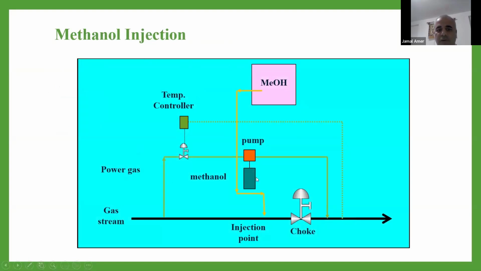Injection of chemical should be upstream of the conditions, as we said, where it's more suitable for hydrate formation. So we have to inject the chemical upstream of the choke valve, upstream of the heat exchanger, upstream of what we call the orifice plate, to prevent hydrate formation.